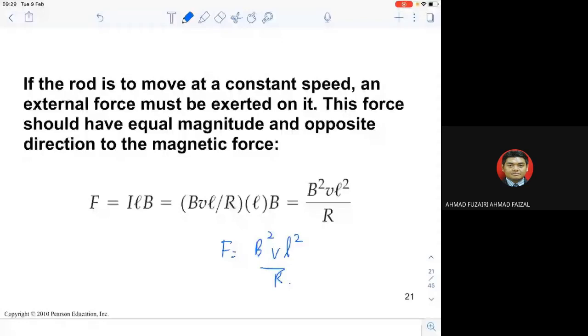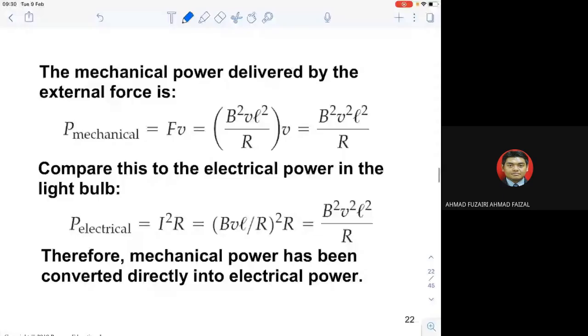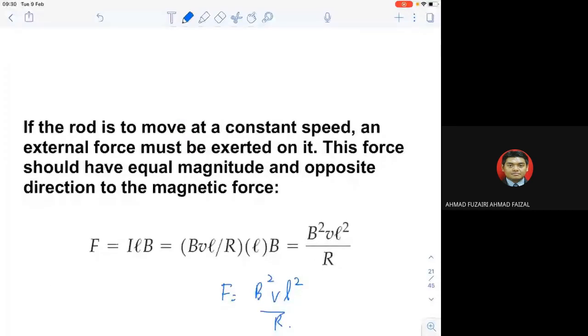The mechanical power is P equals FV, and for the electrical power, P equals I squared R. Remember, what is I?